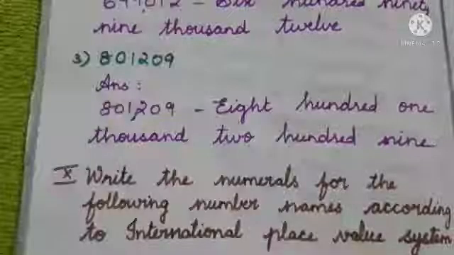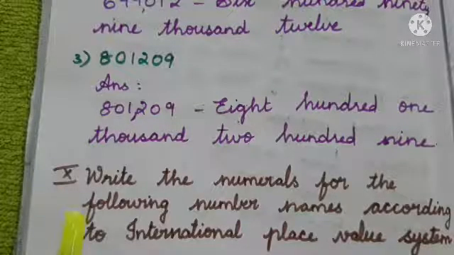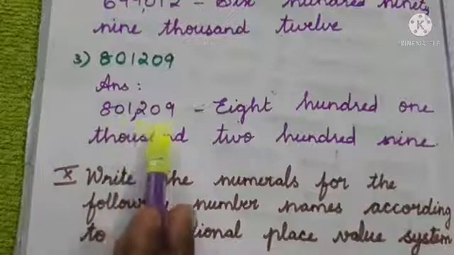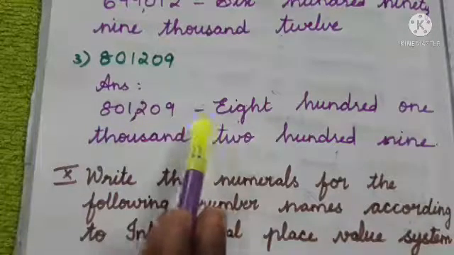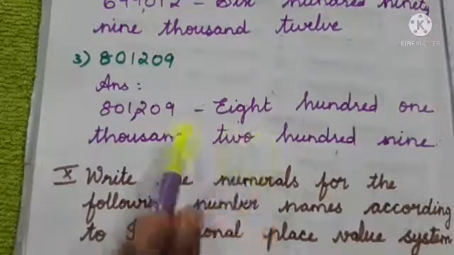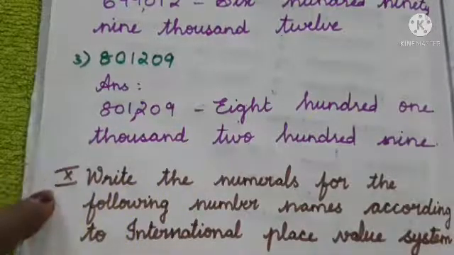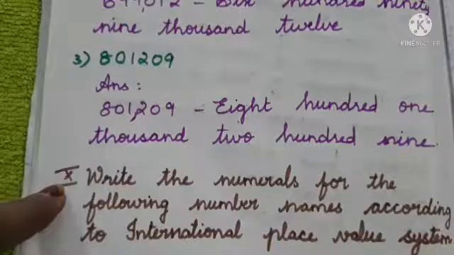Okay, so listen, in the last class, we wrote the number names for numbers, isn't it? They will give the numerals, that means in digit form, and we want to write the number name for the particular numbers. So, today we are going to do the next exercise.